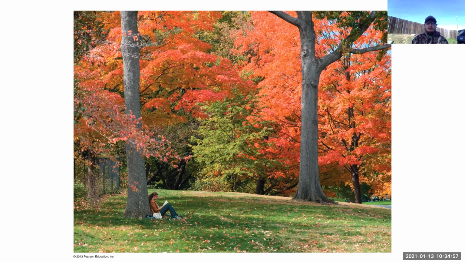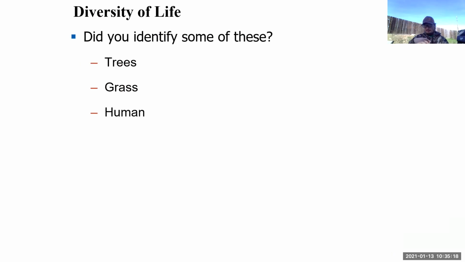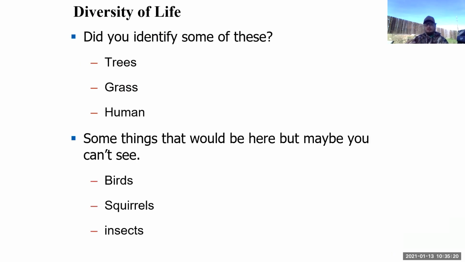What about some of the not so obvious living organisms? There are microbes that live on the trees and in the grass. There are living organisms on the person's skin, bacteria. There are animals living in the trees that you probably can't see. So think about the other living organisms associated with the trees and the grass that are not apparently obvious.